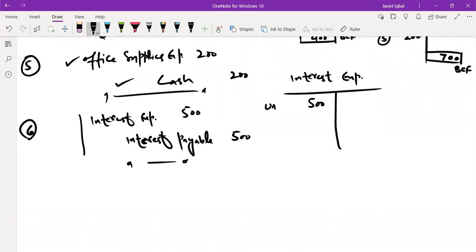This is the unadjusted trial balance. Now you have 500 as a debit from transaction number 6, and your balance carried forward is 1000. The last account to be made is interest payable.